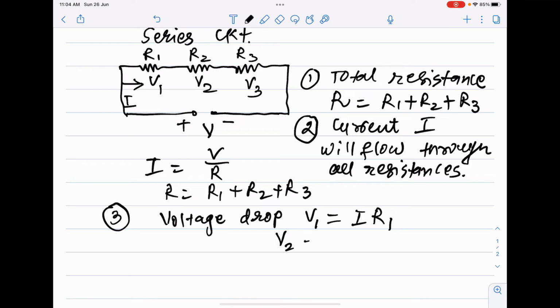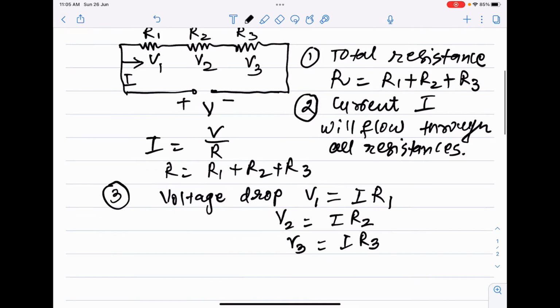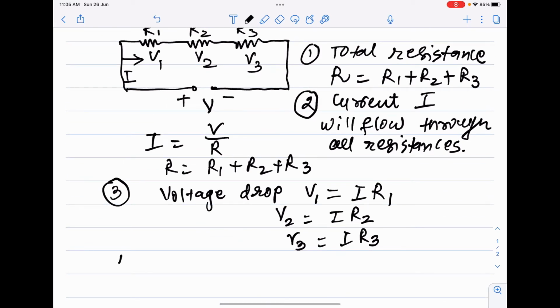Voltage drop V2 is equal to I into R2. And the voltage drop V3 is equal to I into R3. So the voltage across each resistance is given by current multiplied by the value of the resistance. And the fourth property is that the total voltage V is V1 plus V2 plus V3.